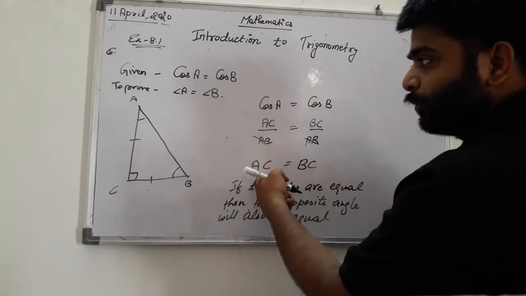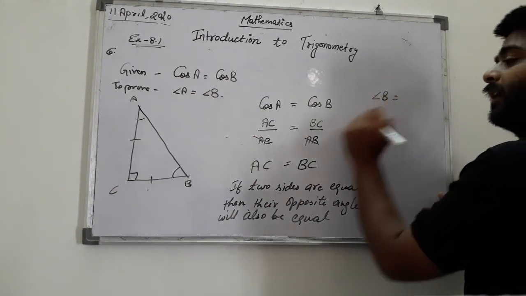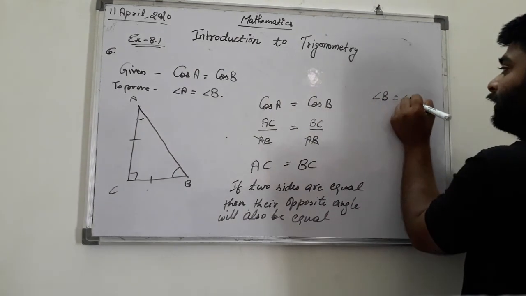So AC का opposite क्या है? Angle B, and BC's opposite is angle A. That we need to prove.